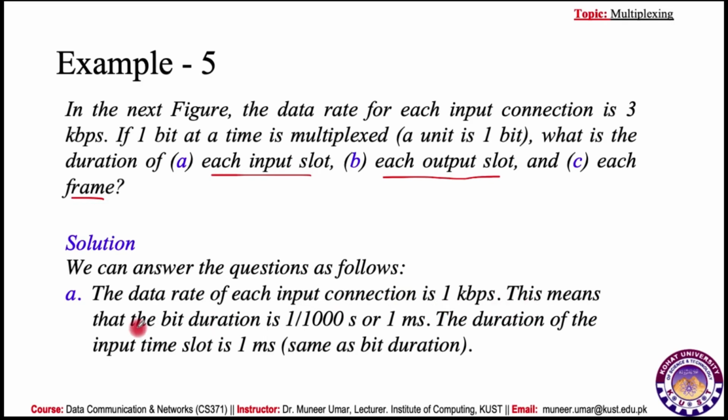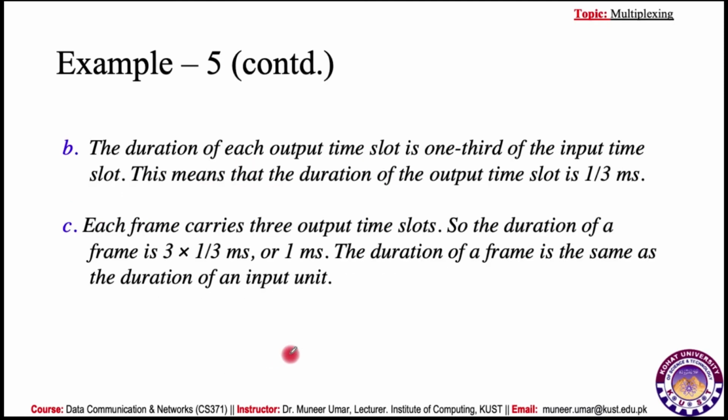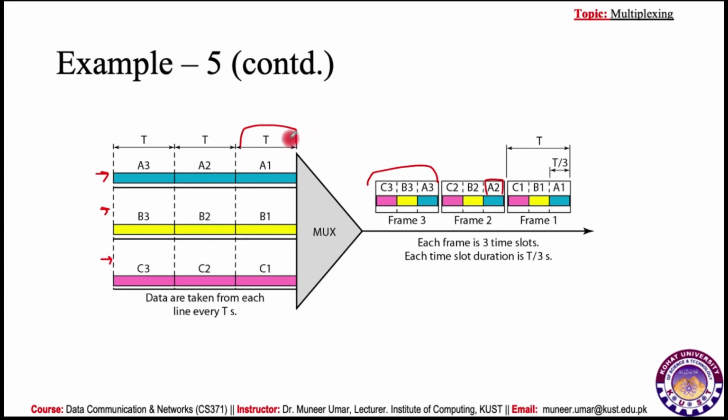This means that the bit duration is 1 by 1000 or 1 millisecond. The duration of the input time slot is 1 millisecond, same as the bit duration. So here this one is 1 ms.